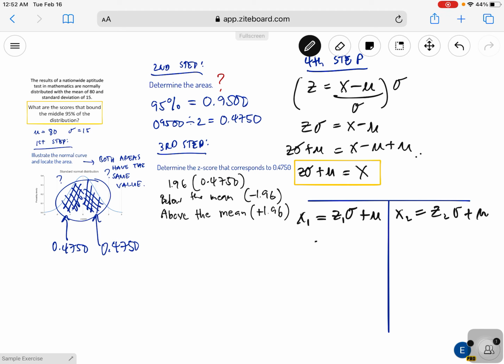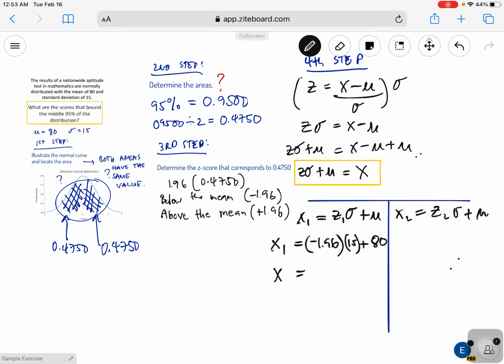So let's just substitute the values here. So x sub 1 is equal to our z sub 1, which is negative 1.96, times our sigma, which is 15, plus our mu, which is equal to 80.